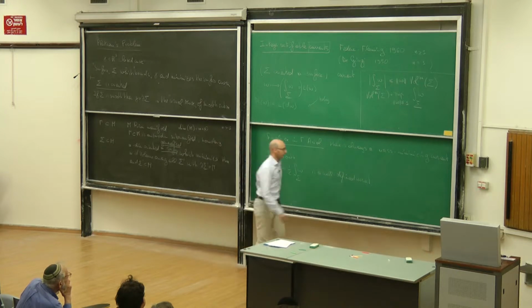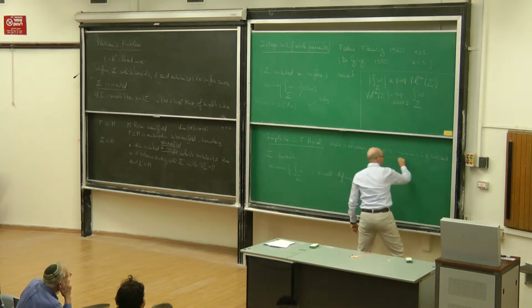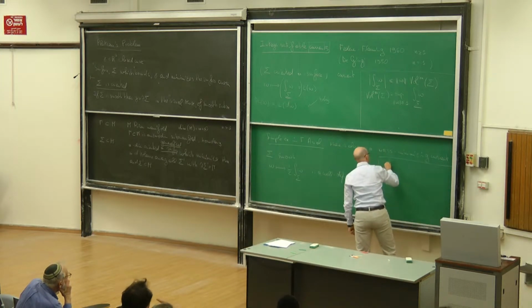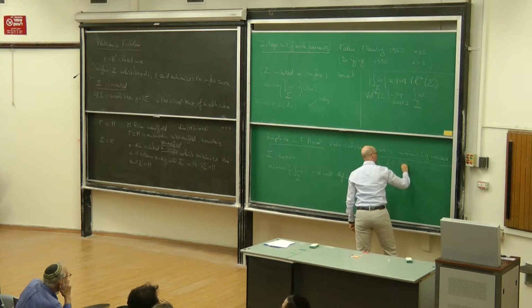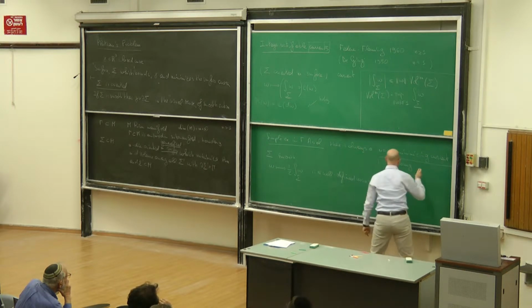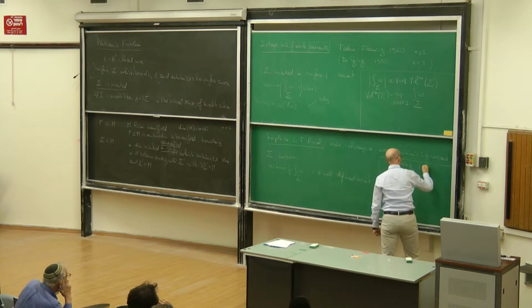So in this framework, there is a first example which is due to L.C. Young, and later there are simpler proofs by Frank Morgan and Brian White.